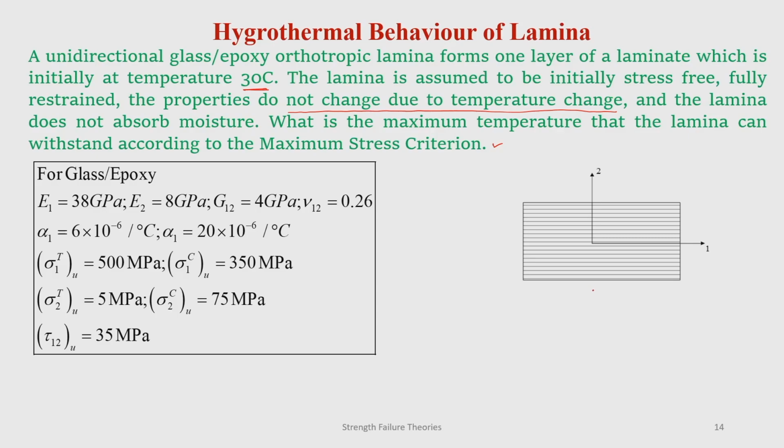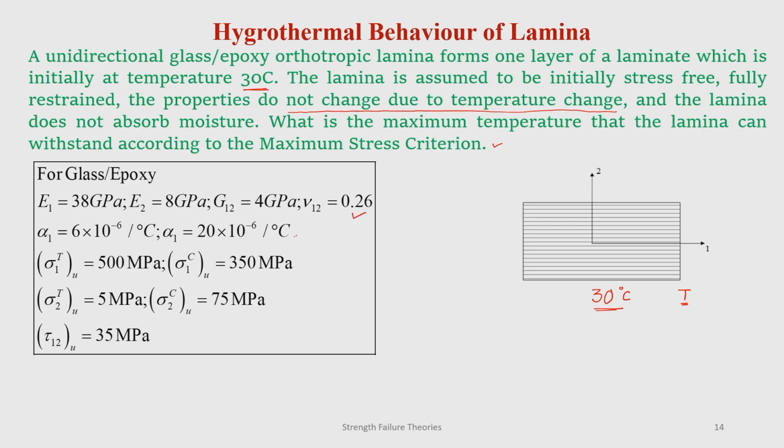As there is a change in temperature, there will be change in E, Young's modulus and other properties, but that we are not considering here. And we assume that it does not absorb any moisture. So, what we need to find out is, it is at 30 degrees Celsius, what is the maximum temperature T which it can withstand without failure using maximum stress criterion.